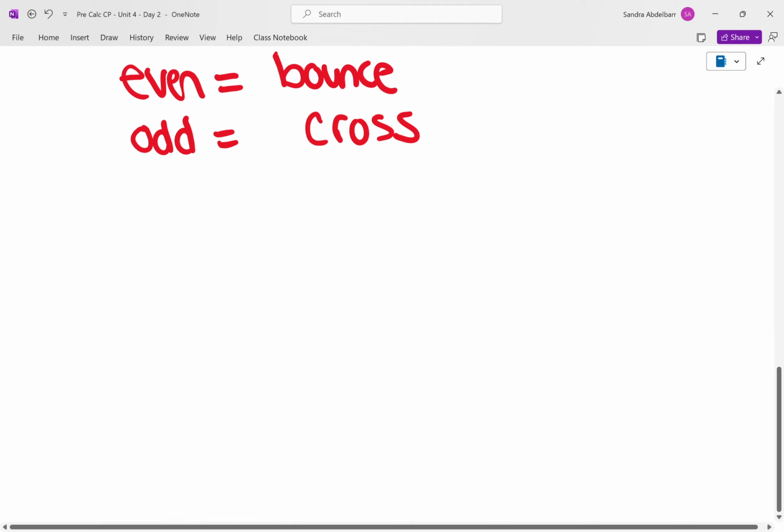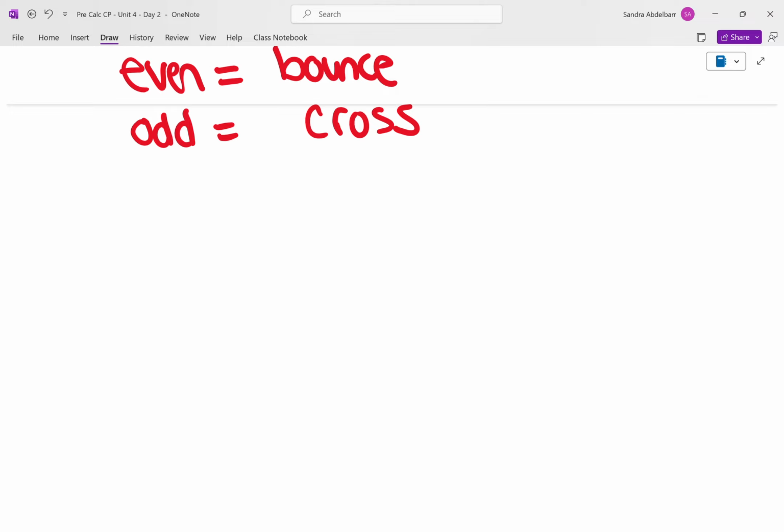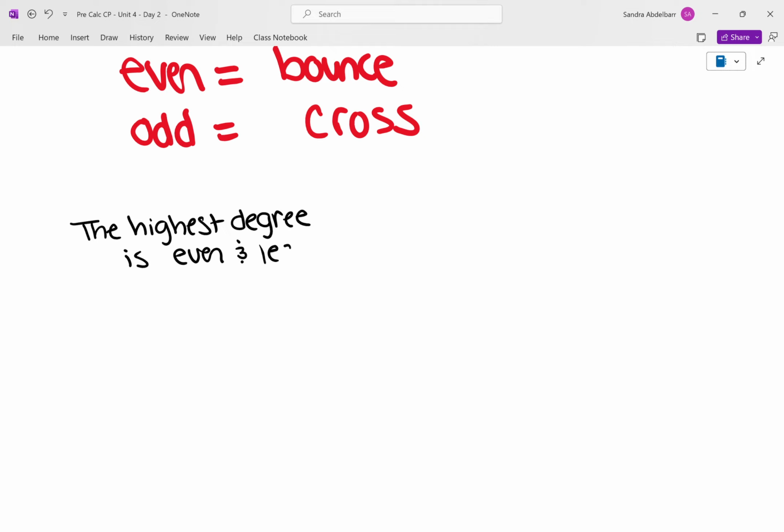Okay, so now let's say we have the highest degree is even and leading coefficient is positive. So I always say even slash positive.